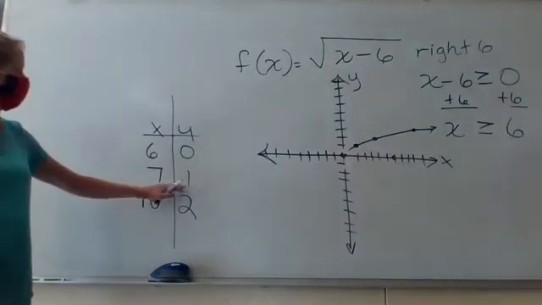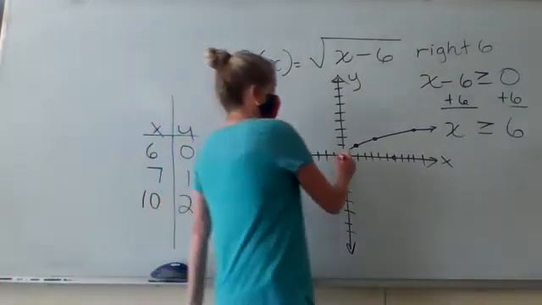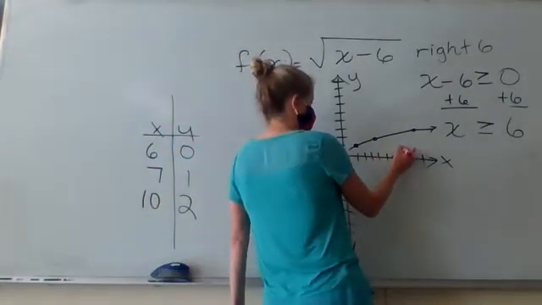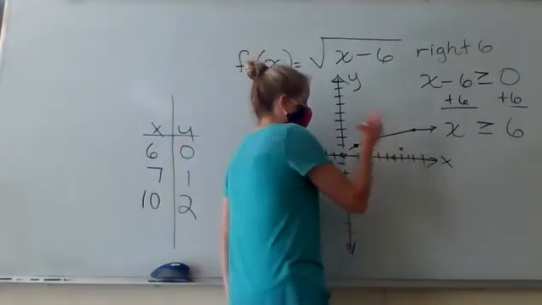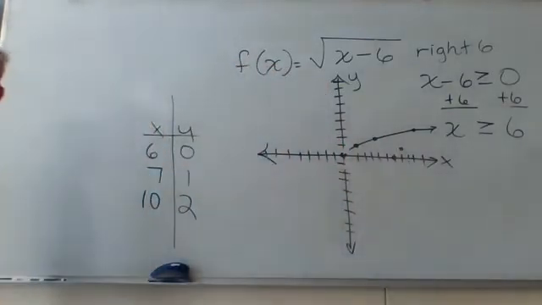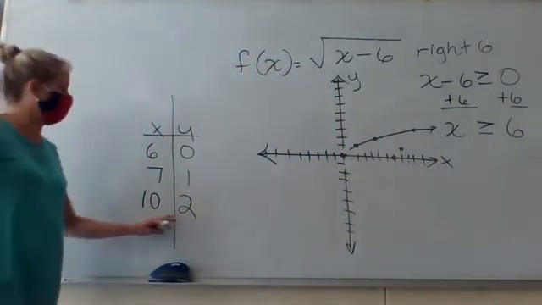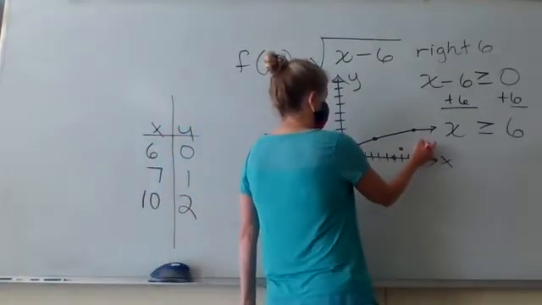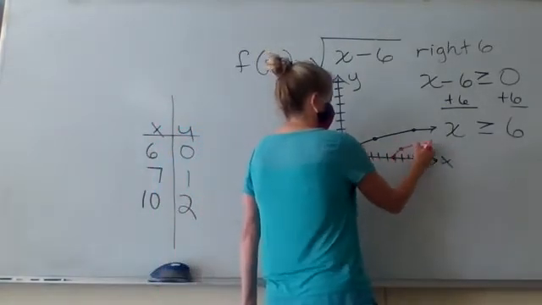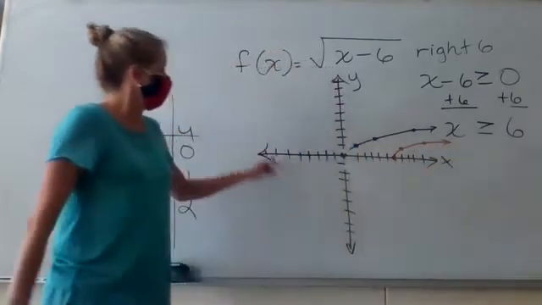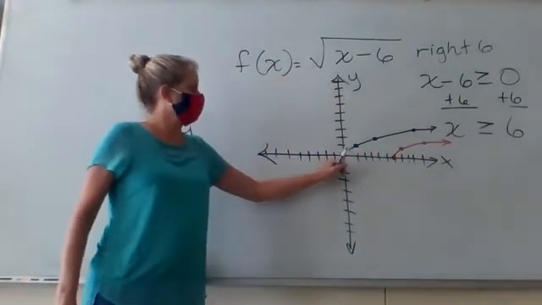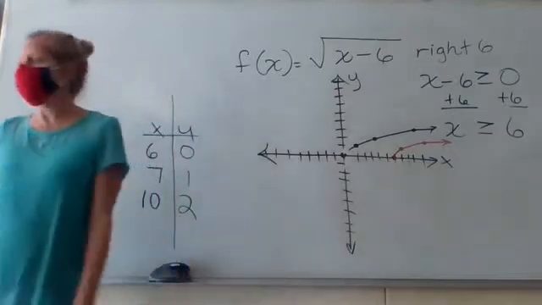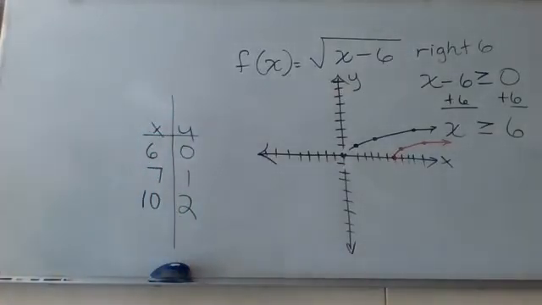Let's see, my next point is 7, 1. So to the right 7, and up 1. And my last point that I'm going to plot is at 10, 2, which will be to the right 10, and then up 2. So you'll see that that minus 6 did exactly what the transformation rule said it was going to do.